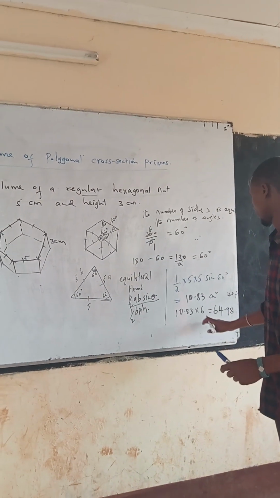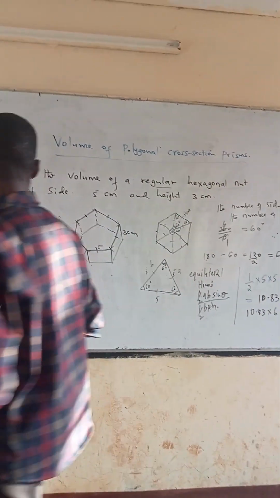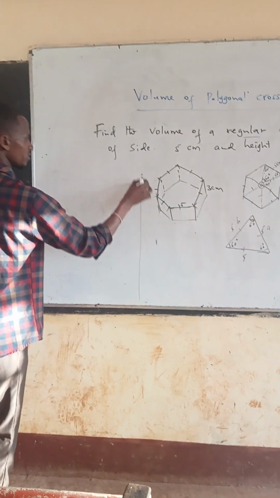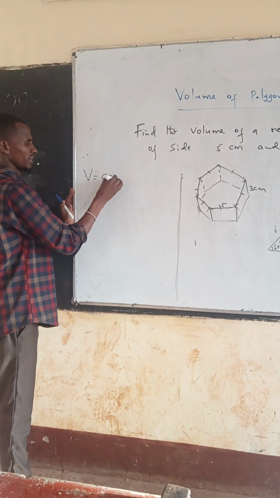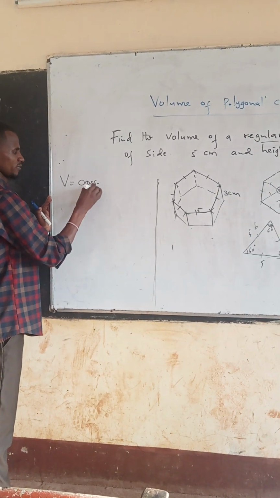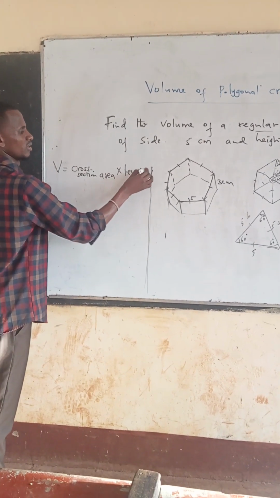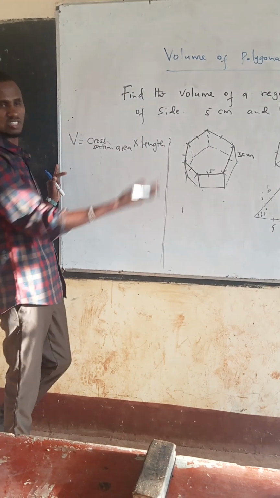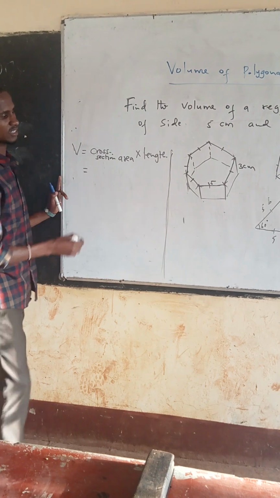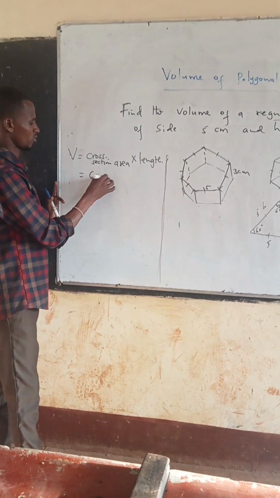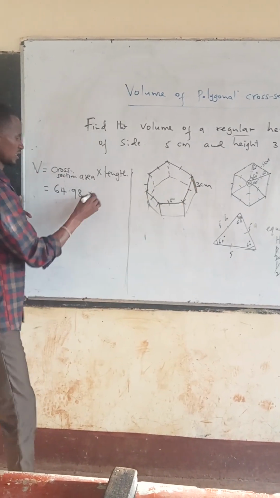So this is now the cross-section area of this figure. Now to get the volume, you know that volume is equal to cross-section area times length, or height, or extension, provided you know the cross-section area. So the cross-section area is 64.98 times the extension, this length here, which is our height, 3 centimeters.